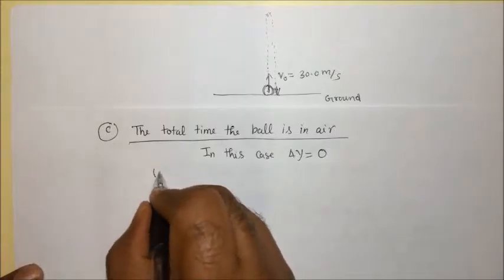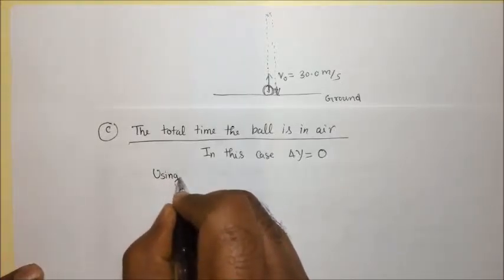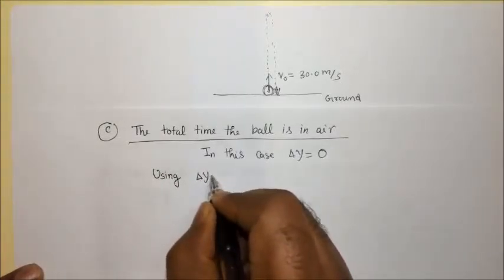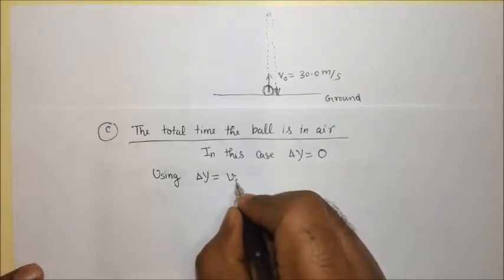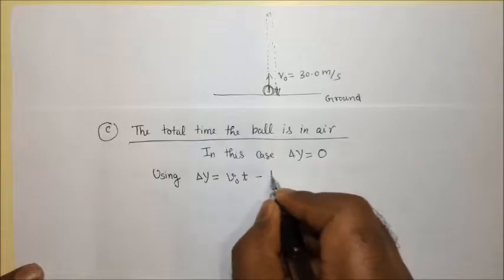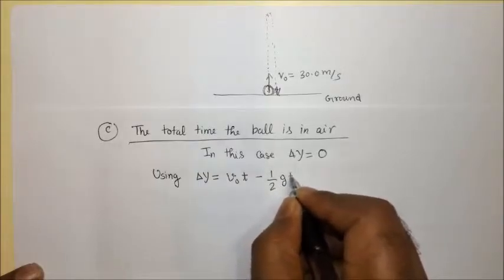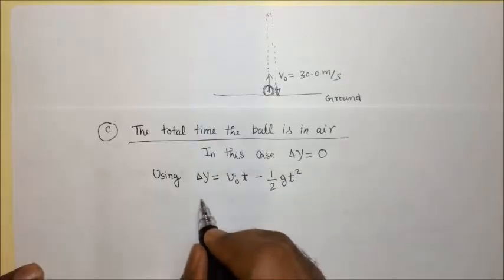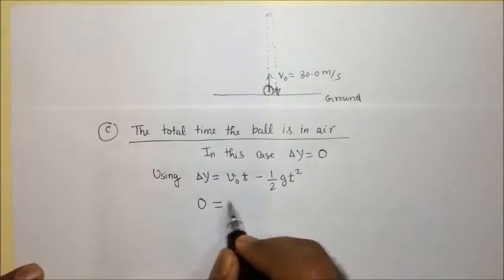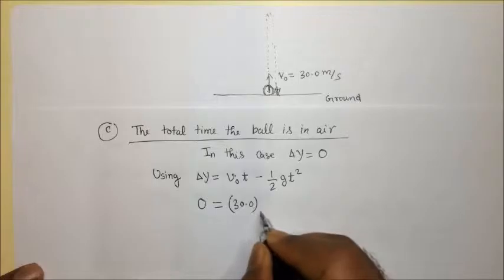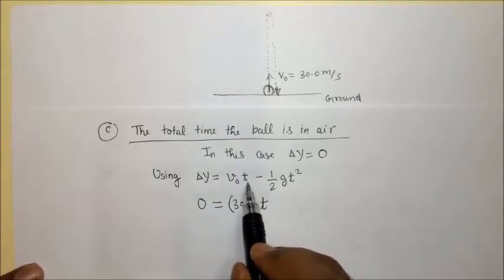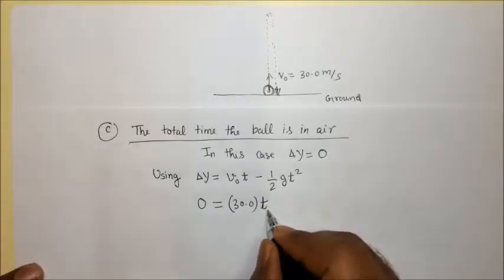So using delta y is equal to v initial t minus 1/2 g t square, this is 0, is equal to 30.0 t. This t I am writing as t suffix t, meaning total time.